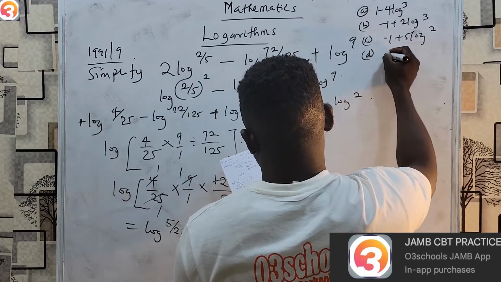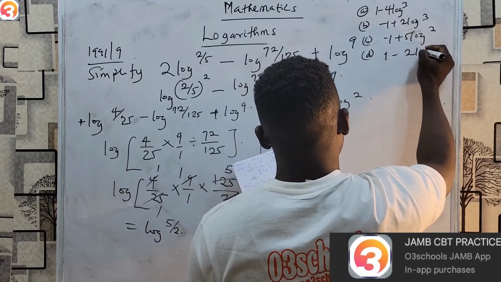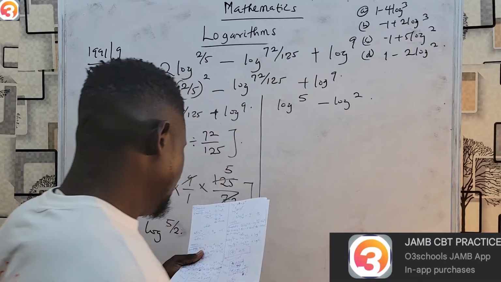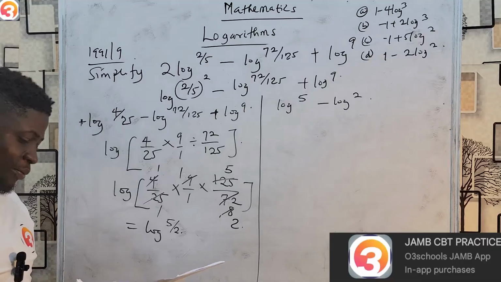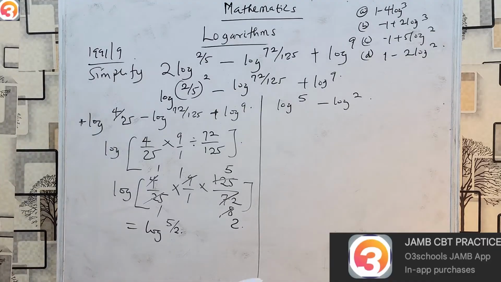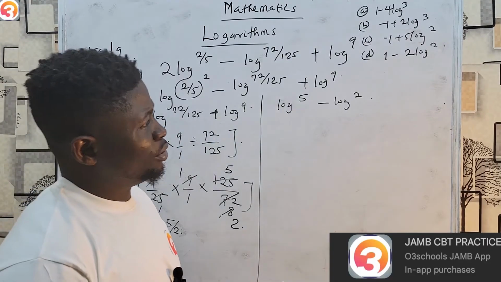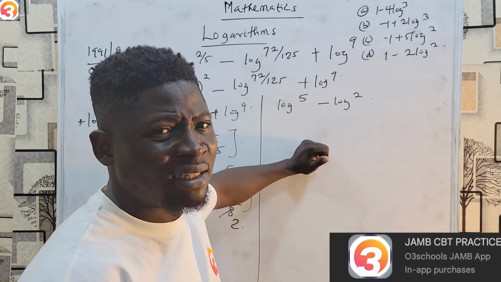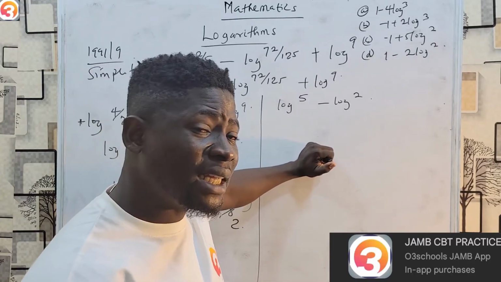Then D, we're given 1 minus 2 log 2, right? Those are our options. So we're not given this answer in our options. It's not there. This means that we can further simplify this.